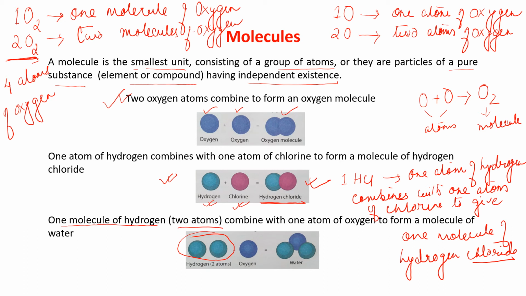Combines, there is a plus sign, with 1 atom of oxygen to form 1 molecule of water. In 1 molecule of water, 1 atom of oxygen and 2 atoms of hydrogen are present.